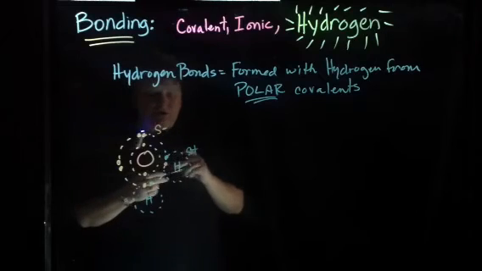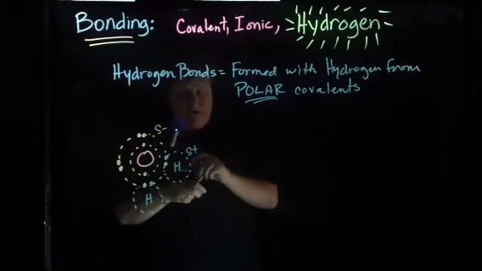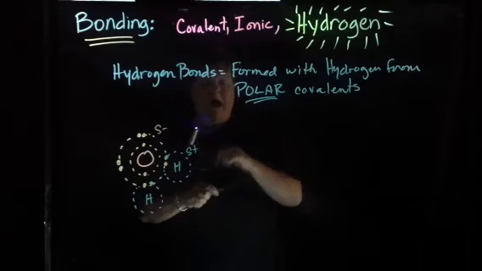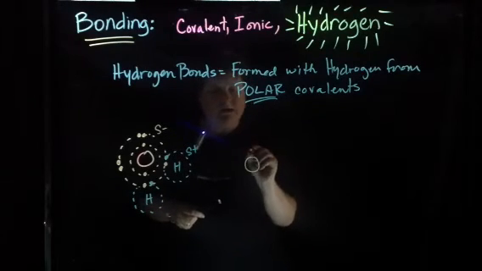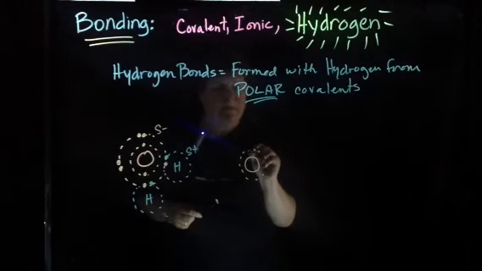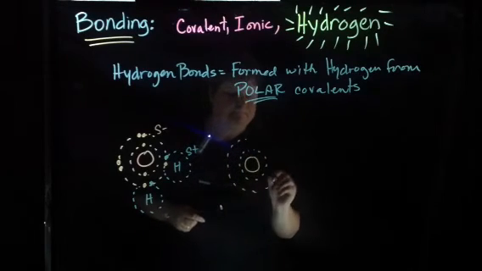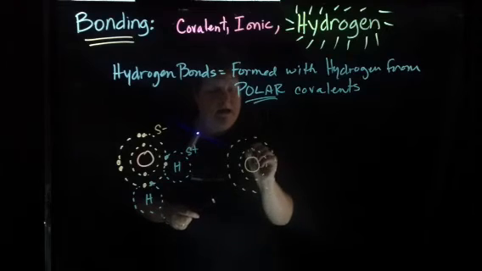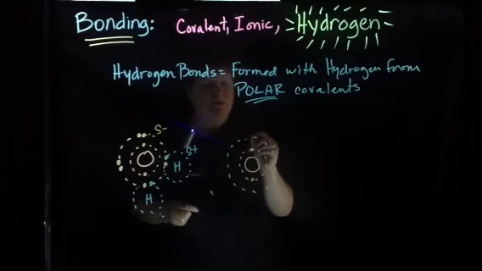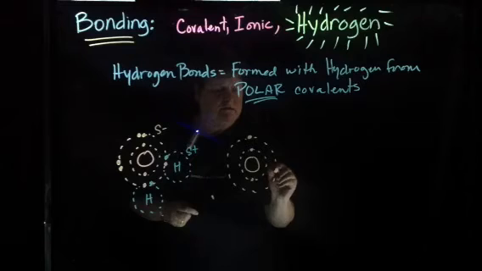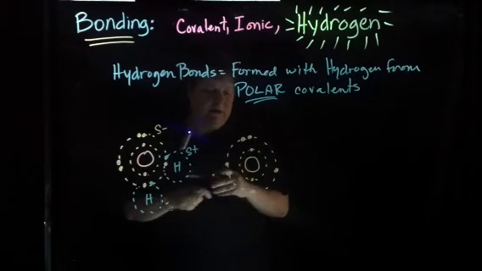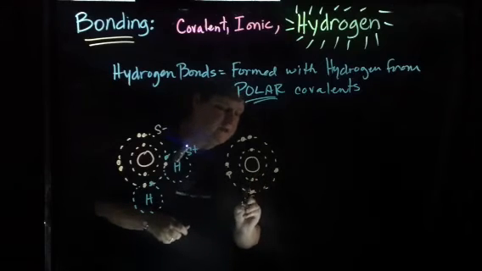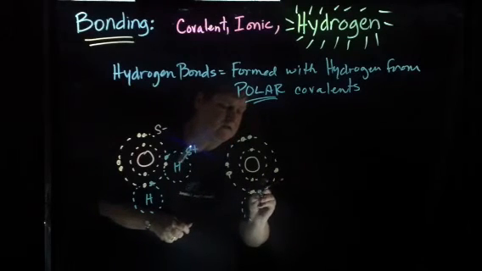So if I come over here and I make another water molecule, let's give my oxygen, and I have my 2 in my first orbital, and my 6 in my valence orbital, and then I finish that off by binding to hydrogen.